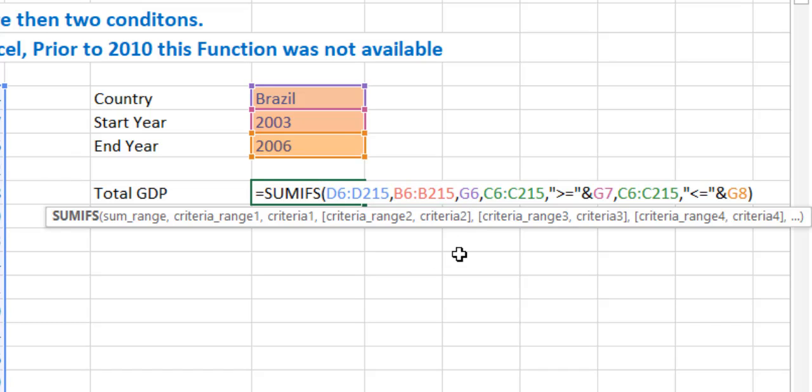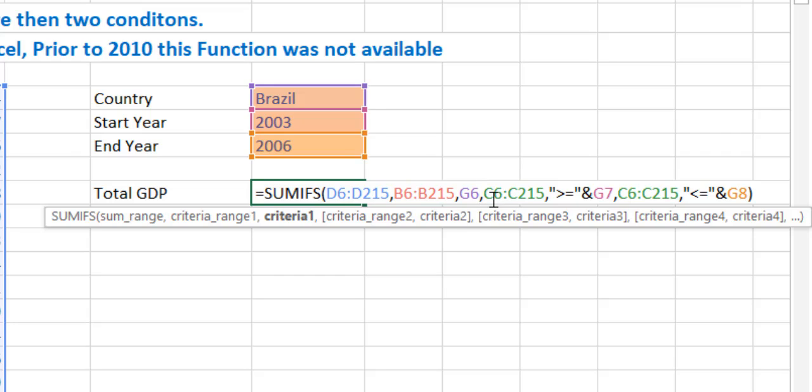Now this is the first condition being completed. We want the formula to check in these and find out the country with this G6 cell, and then find out the total of this GDP.